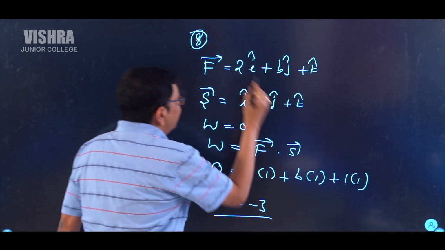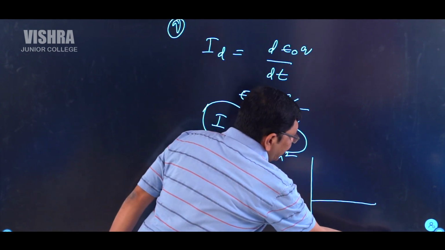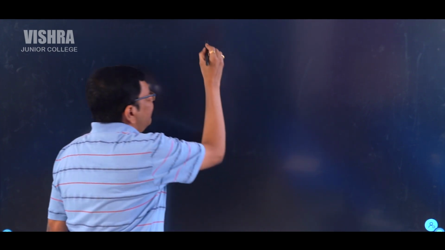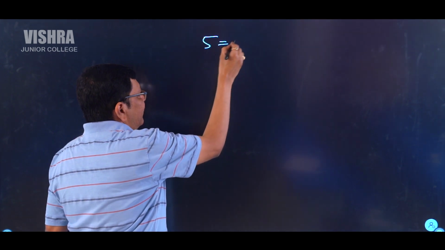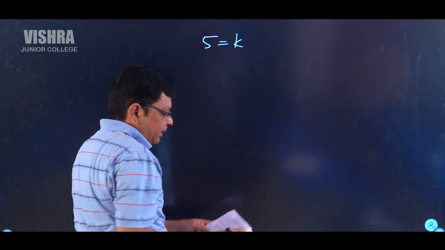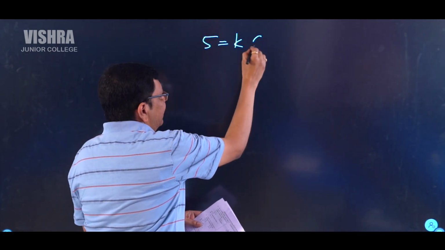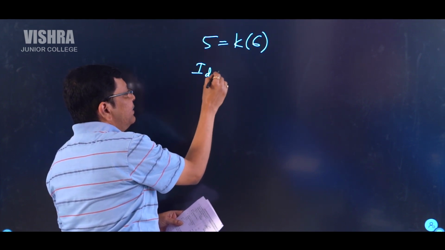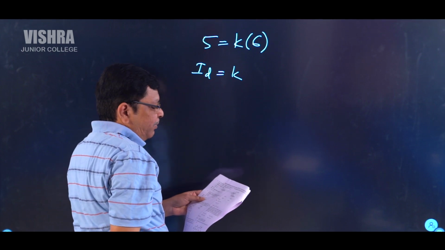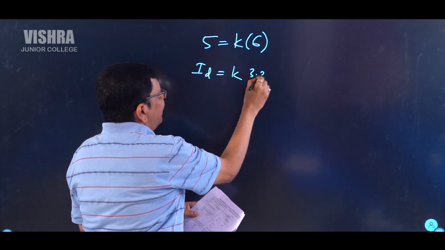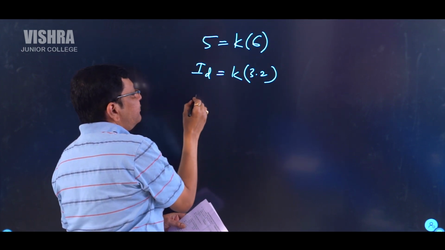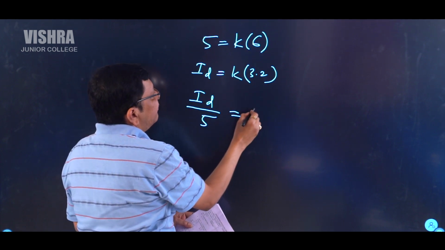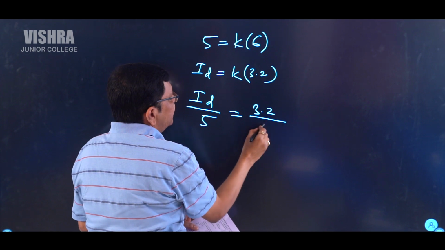We can say that here the total current is 5 ampere, which is equal to a constant multiplied by the total area of the capacitor plate, that is 6 centimeters square. Whereas the displacement current through the region is the constant multiplied by the area 3.2 centimeters square. So displacement current over 5 equals 3.2 over 6.